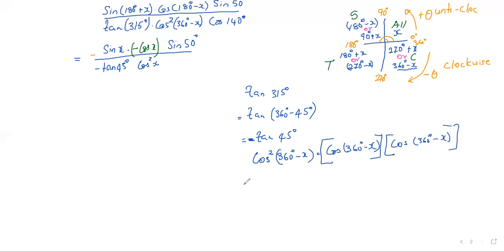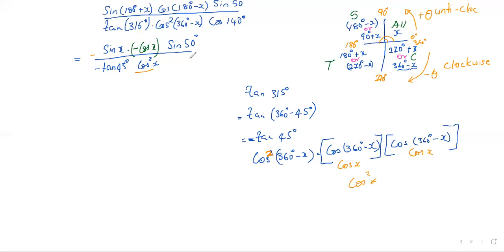We said we only square the ratio, not an angle. The cos of 360 minus x is the same as the cos of x. So cos x multiplied by cos x is cos squared x. That's what we have here.